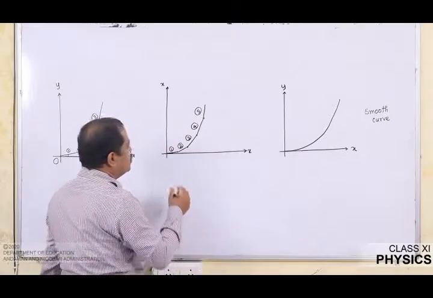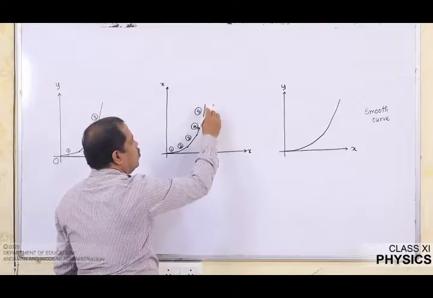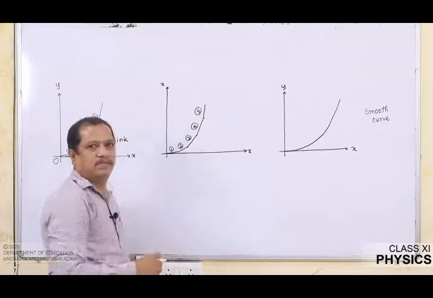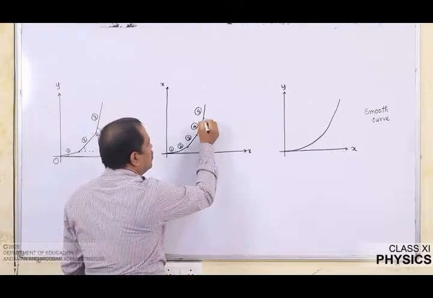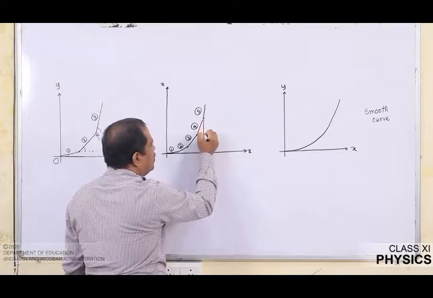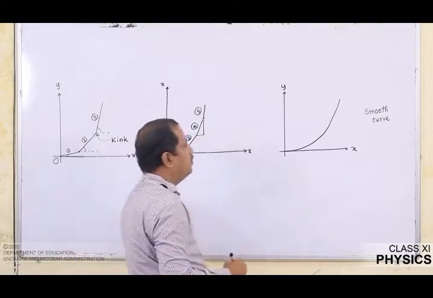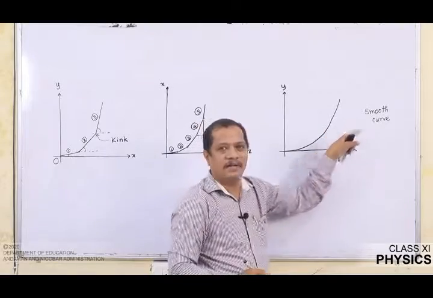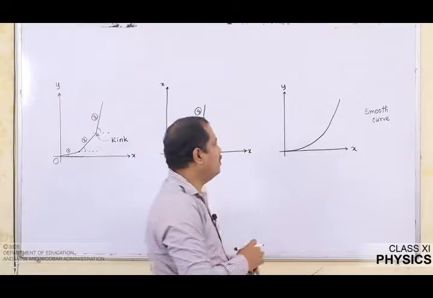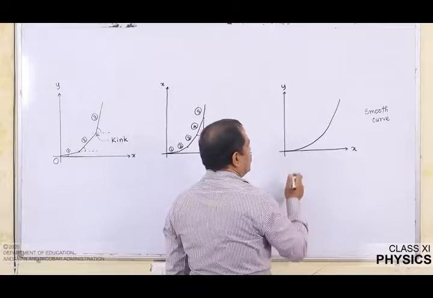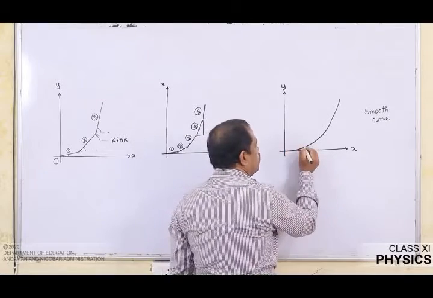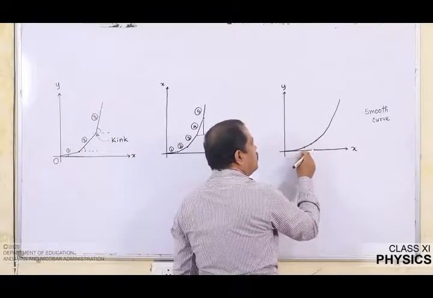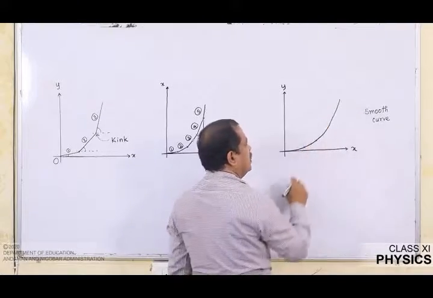Here the slope is more, here the slope is less, and for calculating the slope you had 2 points on a straight line like this. Now, I want to calculate the slope of this curve. If I ask what is the slope here, what is the slope here, what is the slope here, at every point the slope is changing.